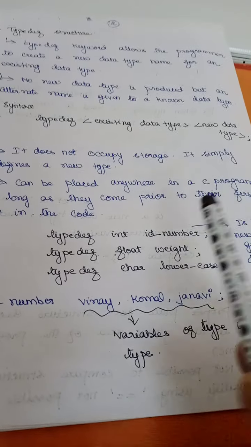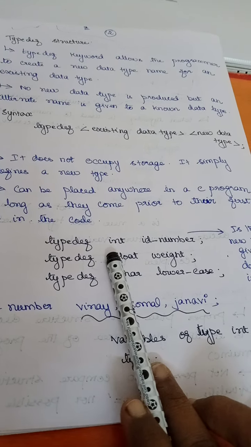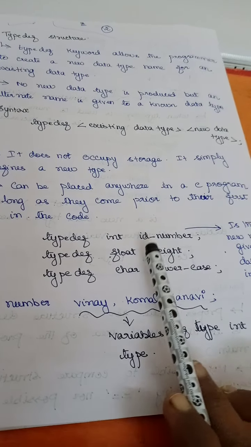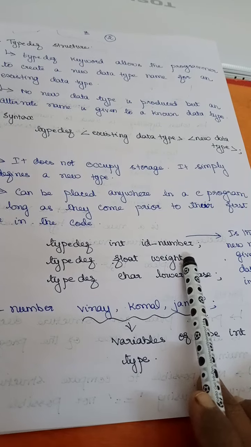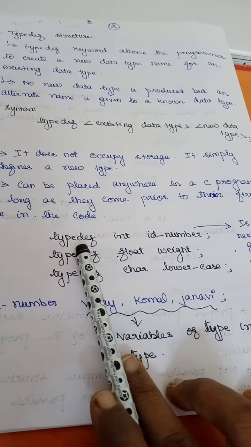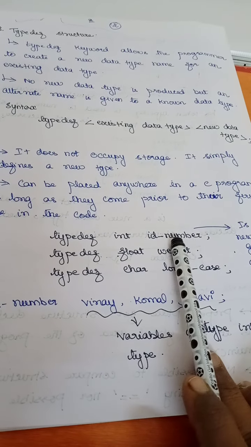Is that clear? This is a new name I have given for int. Generally you will write int a, which means a is going to be of type integer. But here I am not defining a new type; with an existing type only, I am defining a new name.